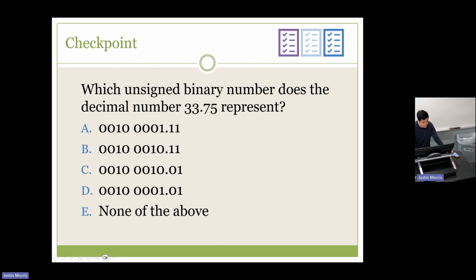So A is a contender and D is a contender and E is still a contender, right? 0.75, I need 0.5 and 0.25, right? That we solved for. So 2 to the -1 and 2 to the -2. So 1, 1. So A checks out, B does not, right? This is 33 point what? 75. Yeah. So A is the correct answer.